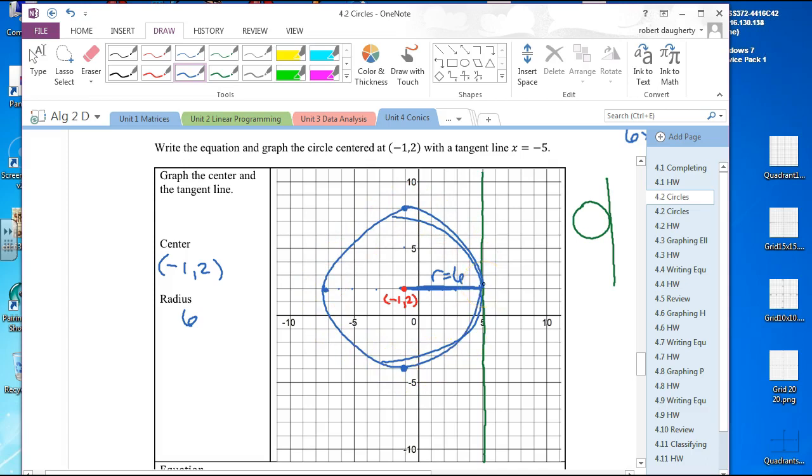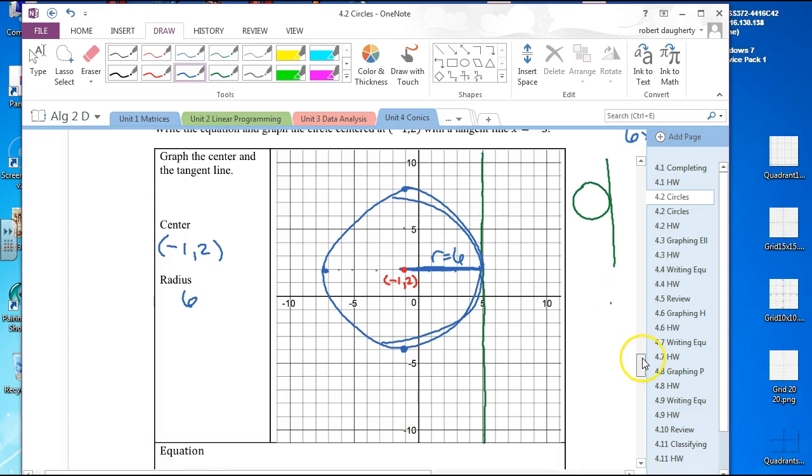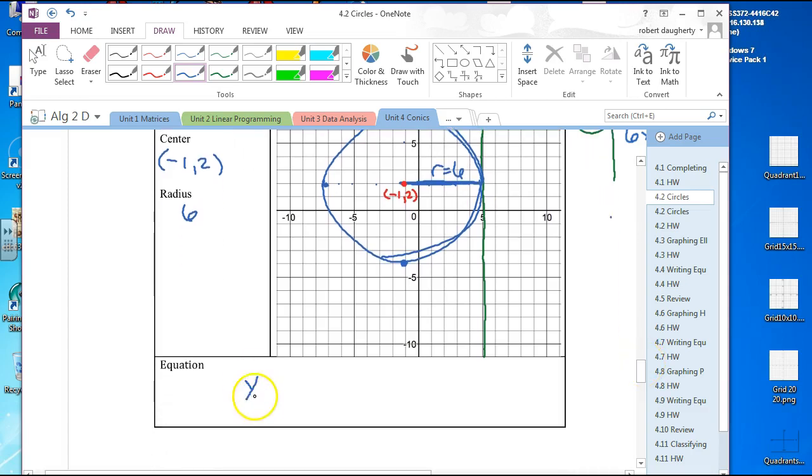And you can see I'm just really not good with these being circles, but I do the best I can. So we know the equation now. The equation is going to be (x plus 1) squared plus (y minus 2) squared equals 36.